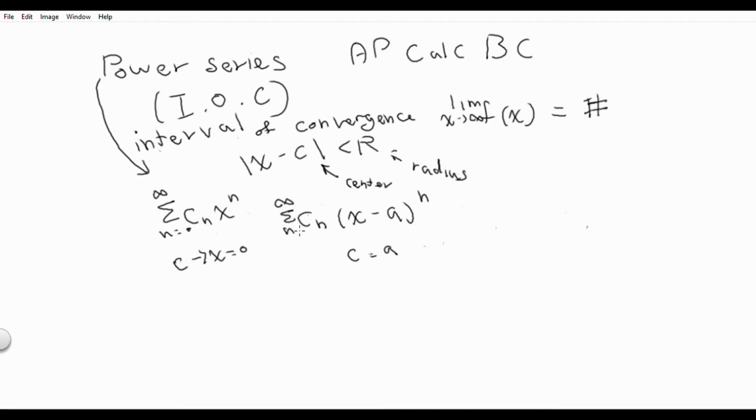It's a series, so I'm assuming you should know a sigma by now. That's a brief introduction of what a power series is. Since I.O.C, interval of convergence, is a more detailed part of power series, I won't go into too much detail about it.